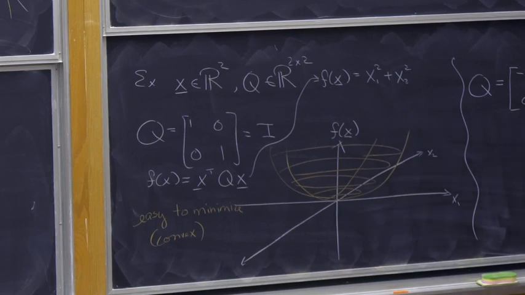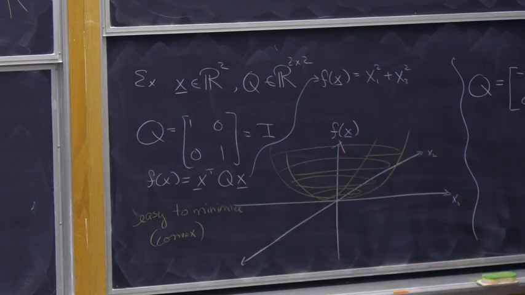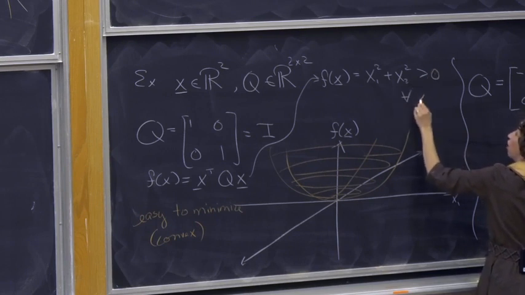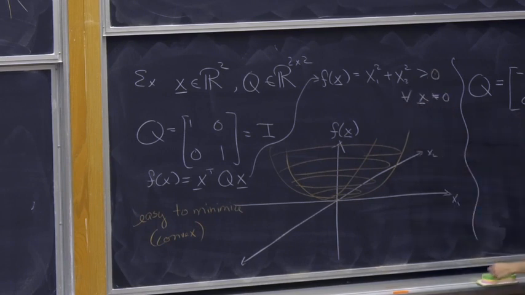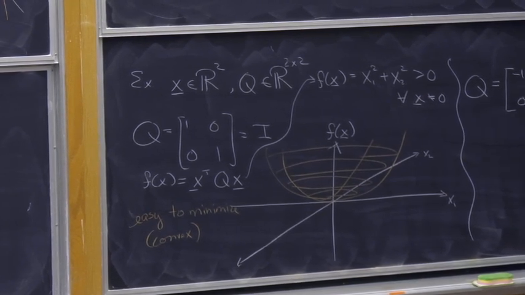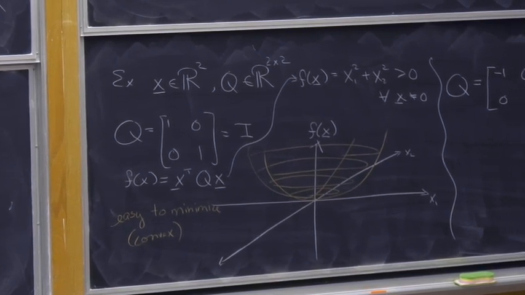So this is a function that I can compute the derivative of with respect to x1 and x2. And ultimately, we're going to be able to see that the way we minimized this function over here, we can use similar ways to minimize this function over here, because Q in this case is positive definite. So this is going to be greater than 0 for all x vectors not equal to 0. So we've got a case where Q is positive definite, and we end up with an optimization problem related to Q that's easy to solve.